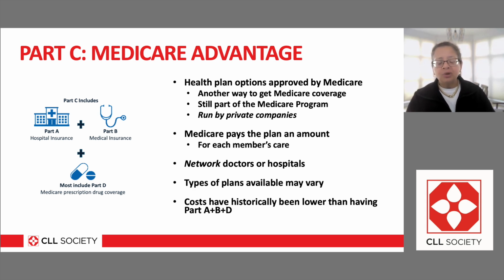One thing some people have noticed is, for example, not all the comprehensive cancer centers are in the network for whichever plan you buy. So if you're going to go with Medicare Advantage, please not only check carefully about the formularies we just talked about, but also check what the network of doctors and hospitals is that will be available to you. And this will vary by plan.